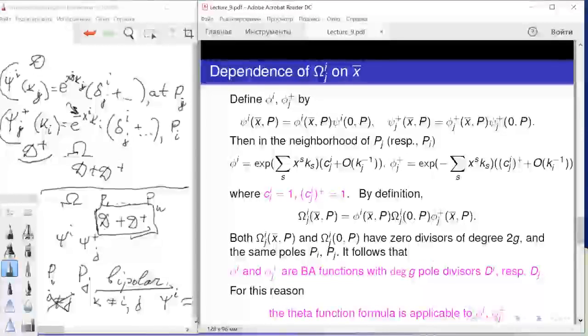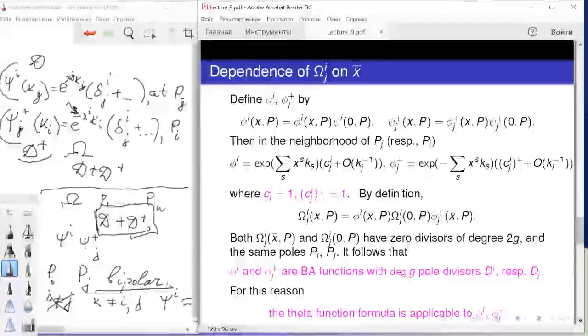First, take the evaluation. Let psi be the evaluation of the Baker-Akhiezer function at the zero value of x bar; this is denoted by psi i of 0, p.